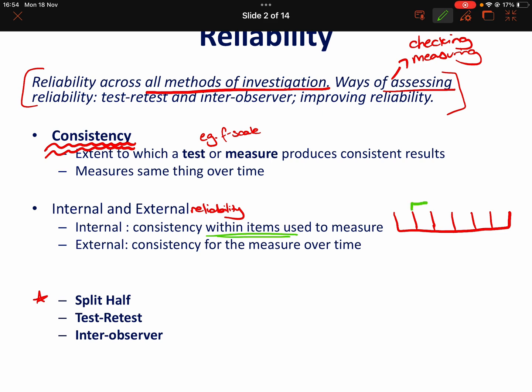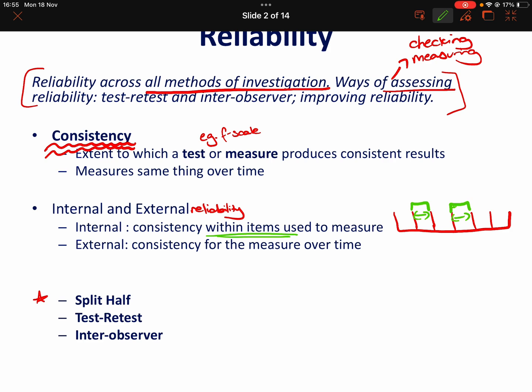So for example, with a ruler, is the gap between 2 centimeters and 3 centimeters the same as the gap between 4 and 5, and so on. So we're talking about within the measure itself, is there consistency?